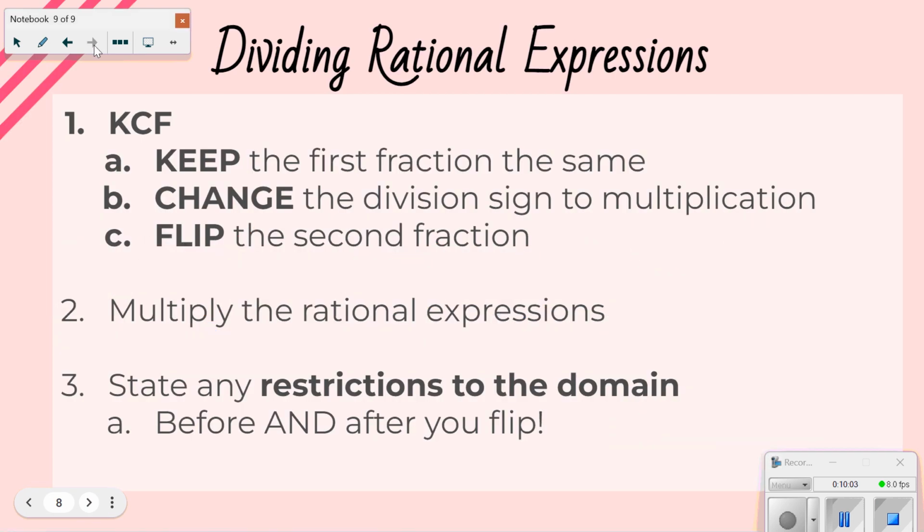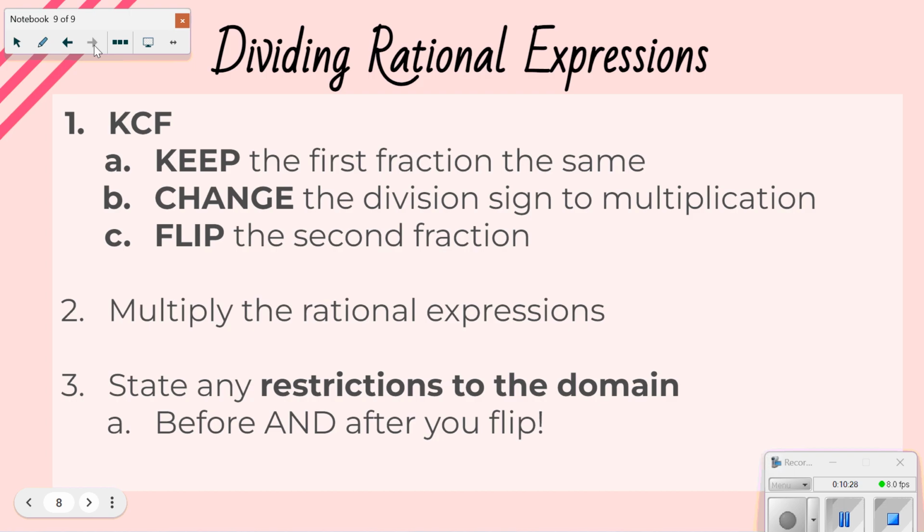We're still going to multiply by the reciprocal, which means we keep our first fraction, we change our division to multiplication, and then we flip it so that fraction becomes its reciprocal. Keep, change, flip. So then it's the same process all over again.